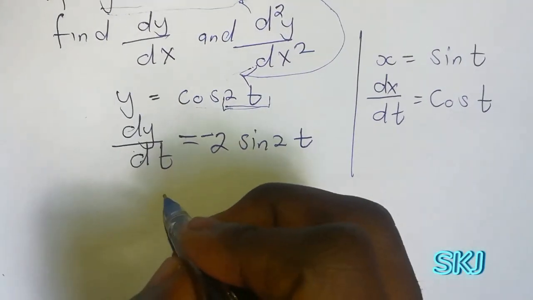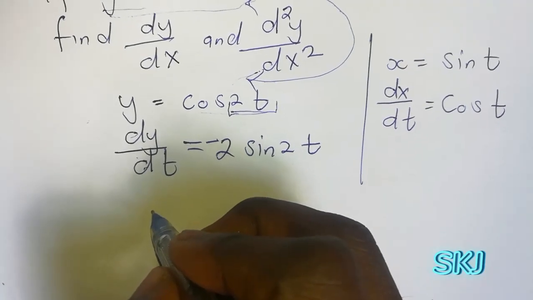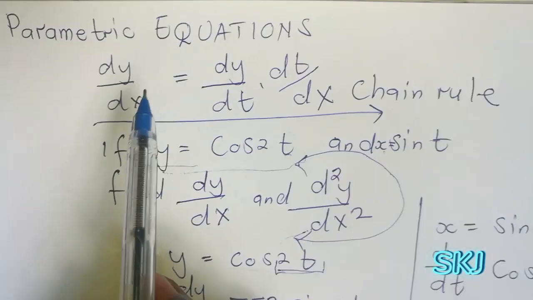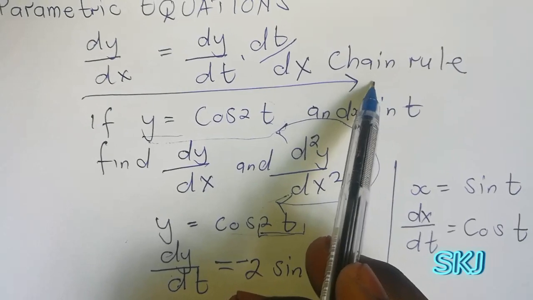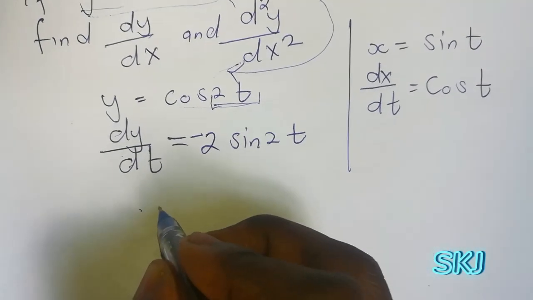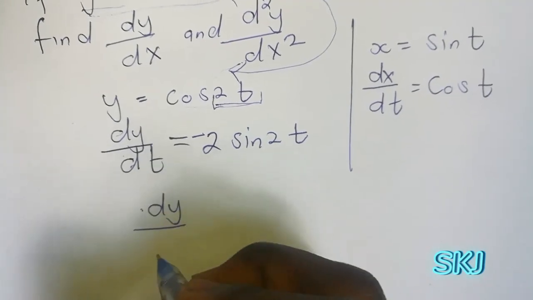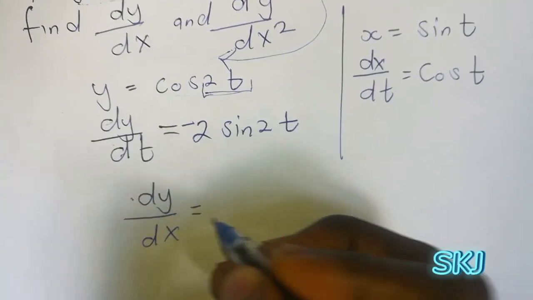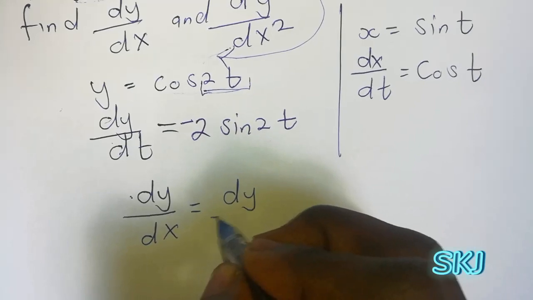Using our chain rule, which I stated earlier, dy/dx is equal to dy/dt times dt/dx.